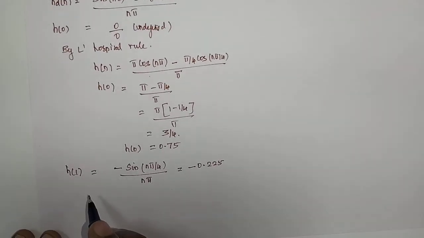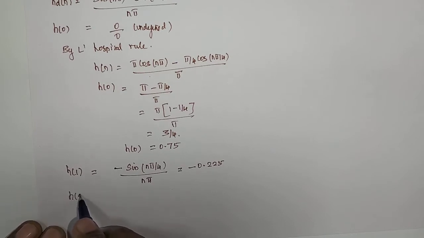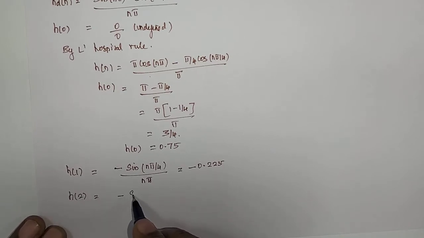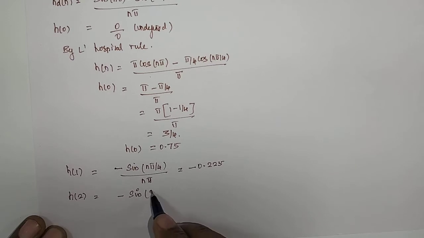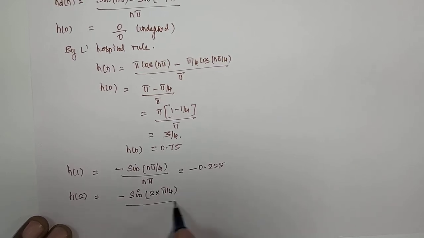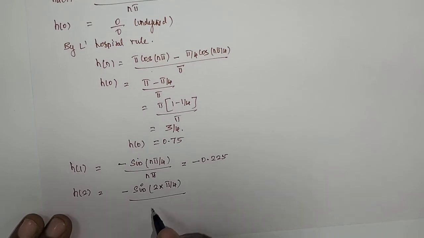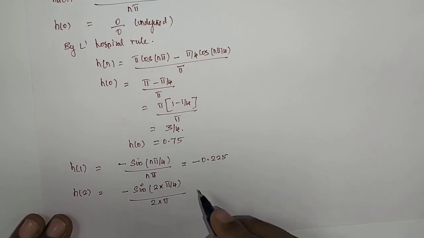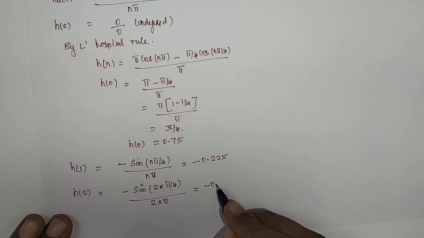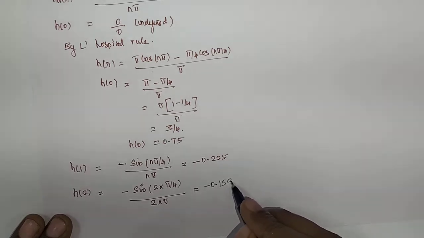Okay, similarly find for h of 2. So h of 2 is equal to minus sin 2 into pi by 4 divided by 2 into pi. So this value is equal to minus 0.159.